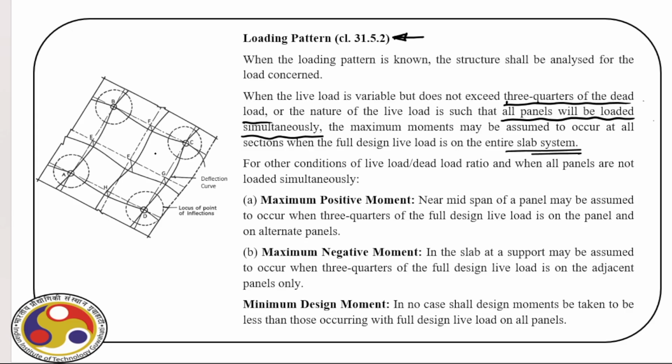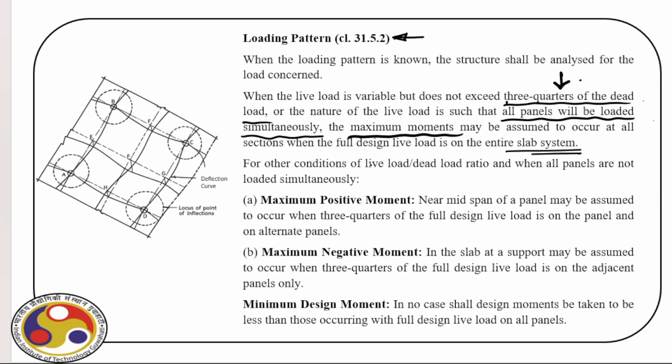So this is important. Not necessarily all the panels will be loaded with live load, but for design purposes we can use this, simultaneously load all the panels, and then accordingly find out the maximum moment.